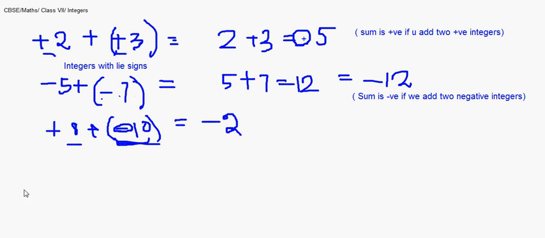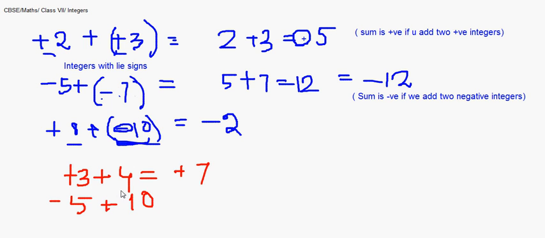Maybe we then move on to subtraction. Take plus 3 plus 4. You have two similar signs with addition, so you add the absolute values and keep the common symbol. If you are given to add two negative numbers, again you add the absolute values of 5 and 10, that's 15, and the common symbol is minus, so minus 15.